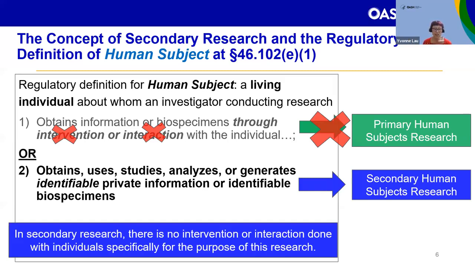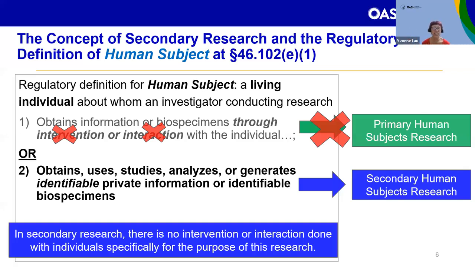So in other words, for this part, investigators are not doing anything with living individuals specifically to collect their information or biospecimens for the research. What they are doing is just having access to people's identifiable information or biospecimens that have been collected previously for some other reasons.